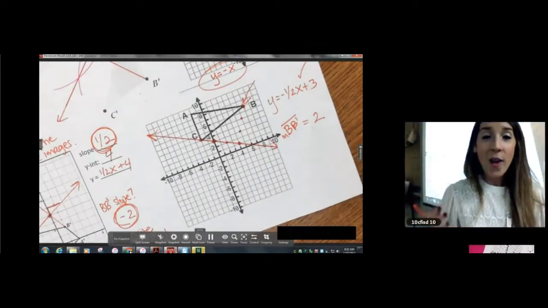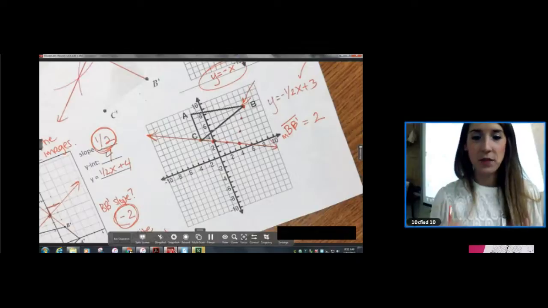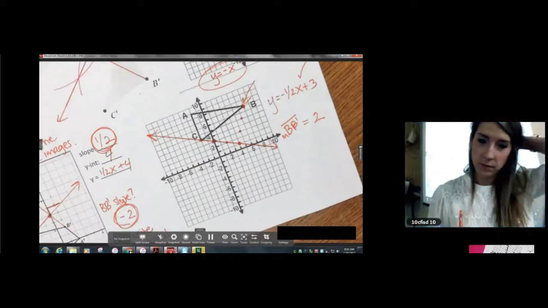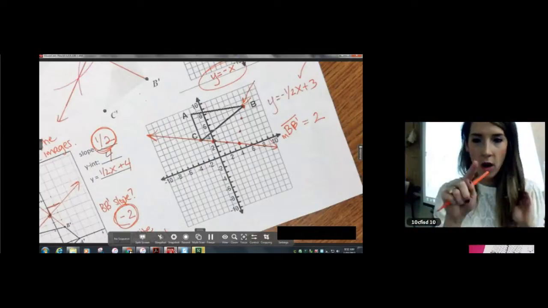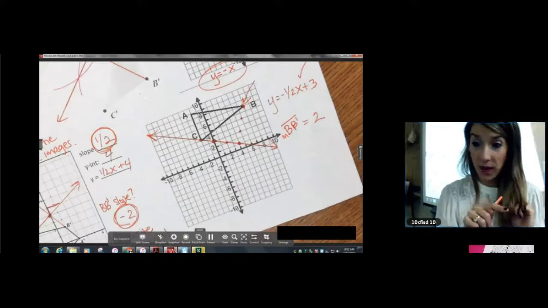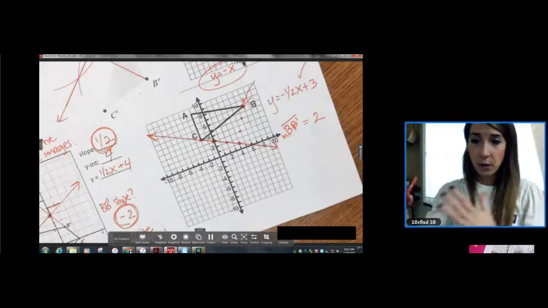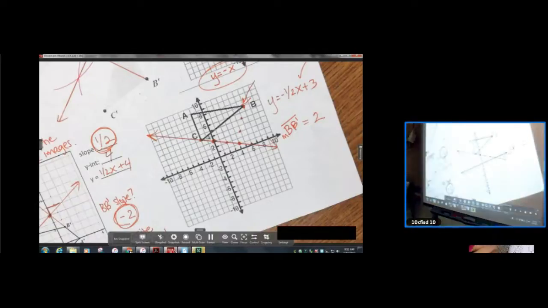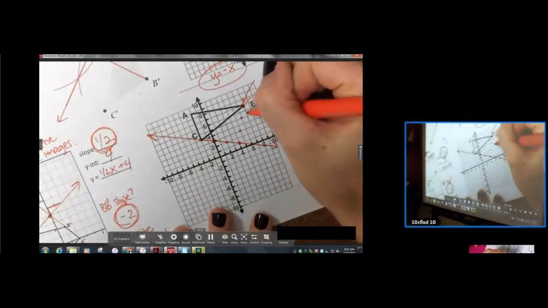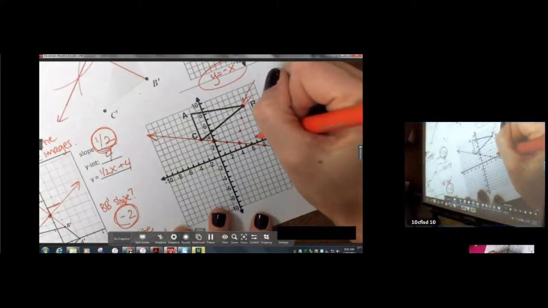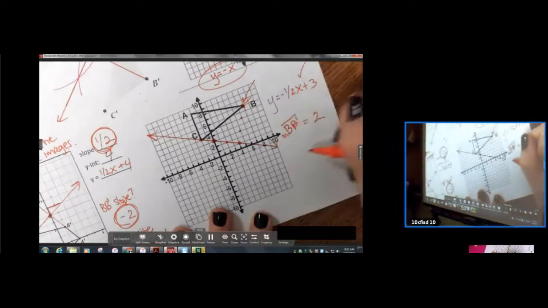Okay. How many slopes of 2 did we travel? 1, 2, 3. Conversely, instead of saying we traveled 2 and we did it 3 times, we could say we went down 1, 2, 3, 4, 5, 6 and over 1, 2, 3. We could write that down.